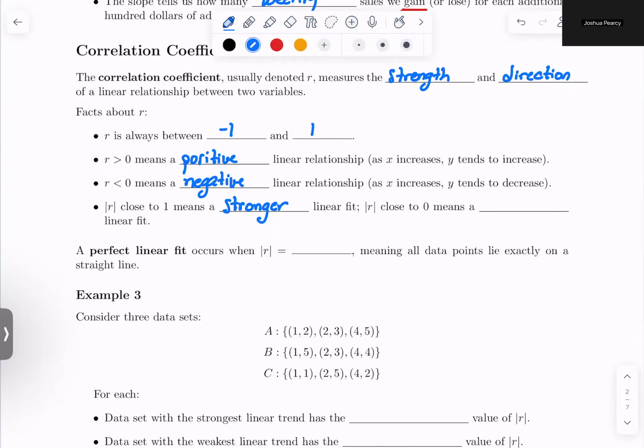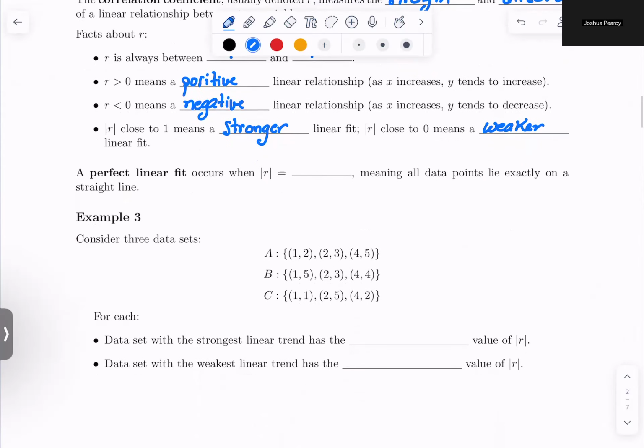And whenever we take the absolute value of R, if it's closer to 0, it means it is a weaker linear fit. So what we want is, whenever we take the absolute value of R, we want it to be pretty close to 1. Sometimes we will get what is called a perfect linear fit.